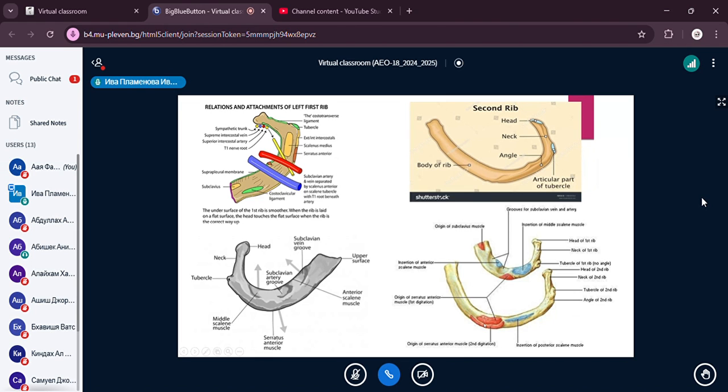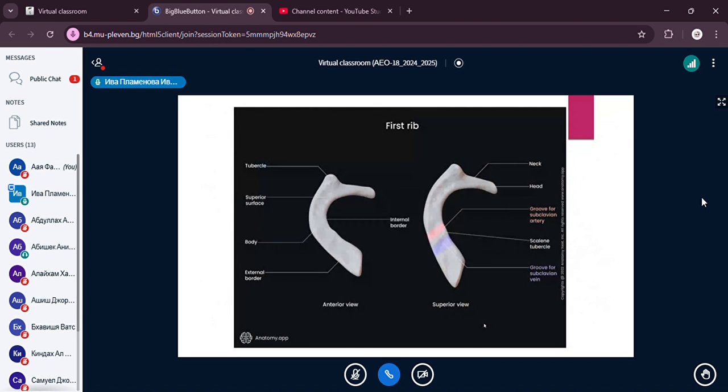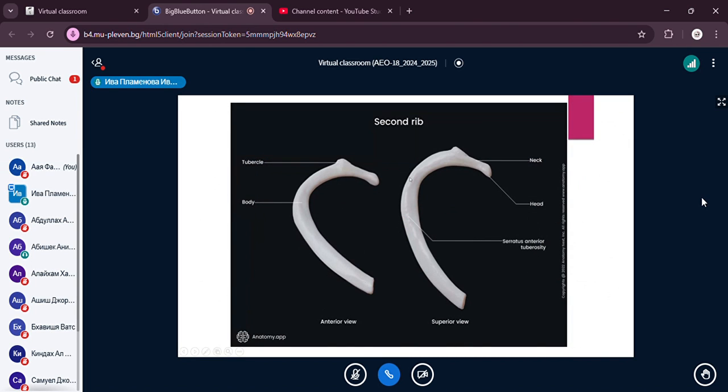No, wait a minute, just a minute. On the text, we have a mistake. Sorry, for serratus anterior, not scalenus. Tuberosity for the serratus anterior muscle.